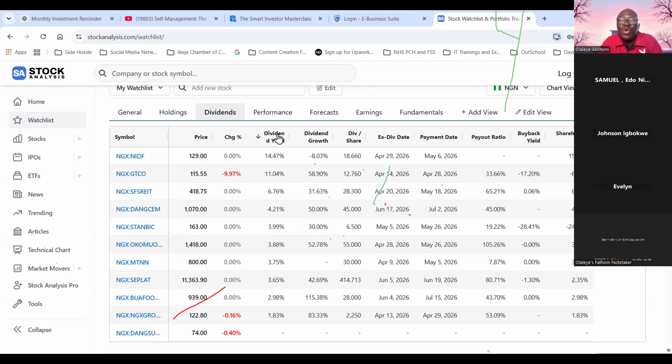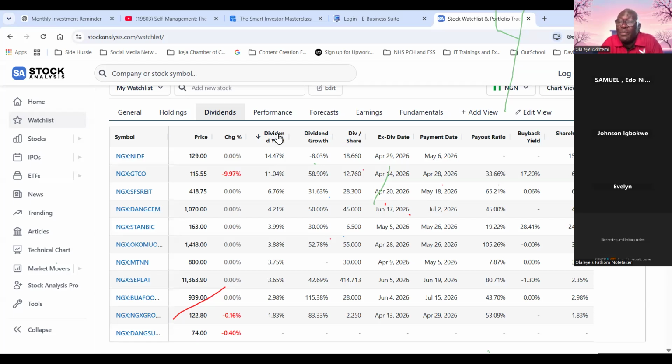Unfortunately, I have only 200 units of NIDF. So I'm desperately looking for how to buy more. And come to think of it, NIDF is only 129 naira per unit. What if I have bought 50,000 units of NIDF? That will be paying me much more money than what JITCO is even paying me. JITCO has done very well.